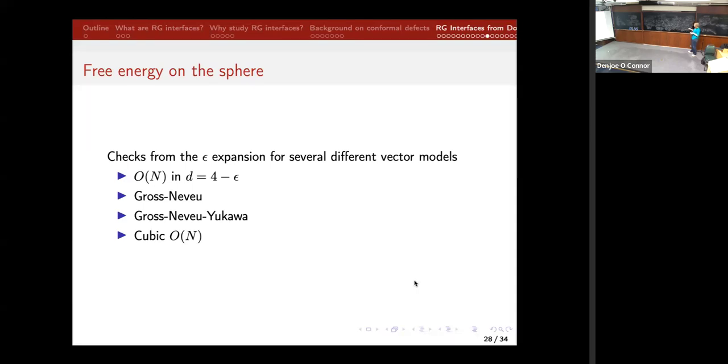So we can, basically, long story short, use Gross-Neveu-Yukawa as a check of this f sigma term in another dimension. Even though you could say we already checked d equals 4 minus epsilon in the O(N) model, we also have another dimension of the double trace operator.